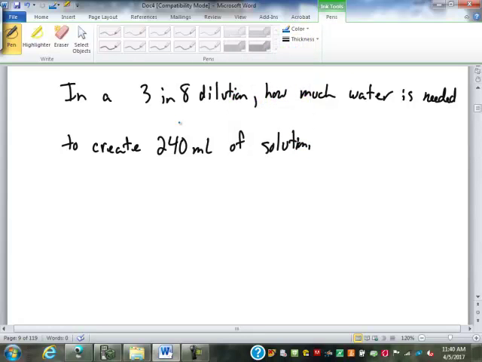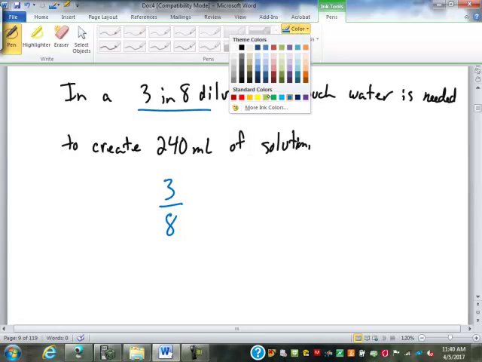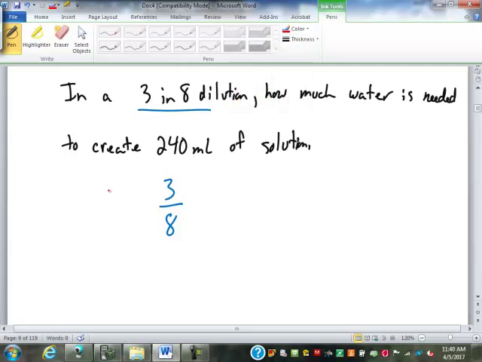So we have again that dilution of 3-in-8. And if you recall, the 3 is the parts of the serum, and the 8 is the parts of the total solution.